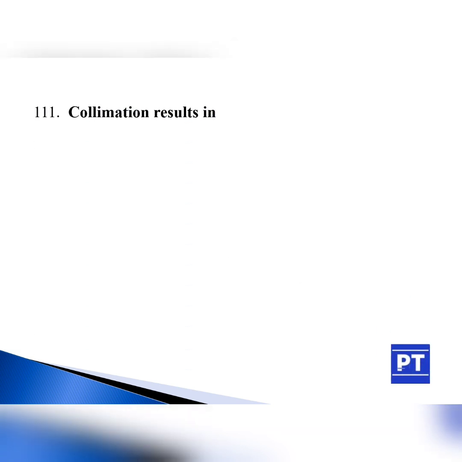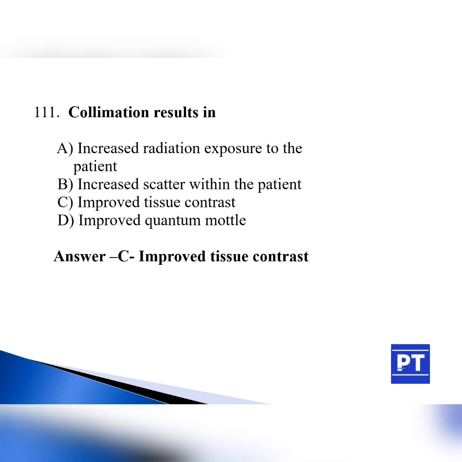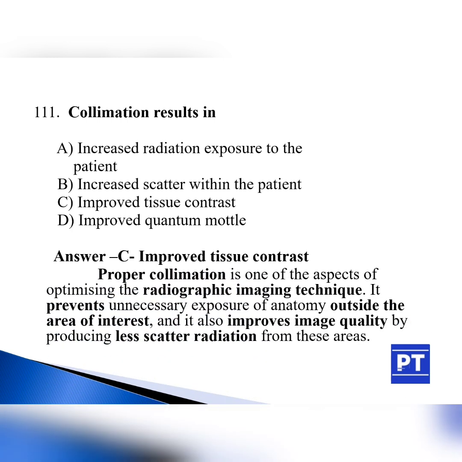Question number 111. Collimation results in: option A, increased radiation exposure to the patient; option B, increased scatter within the patient; option C, improved tissue contrast; option D, improved quantum mottle. The answer is option C, improved tissue contrast.